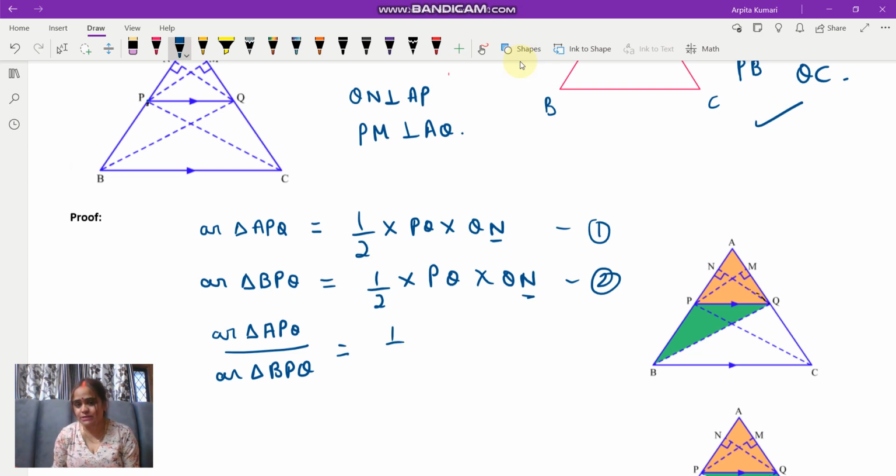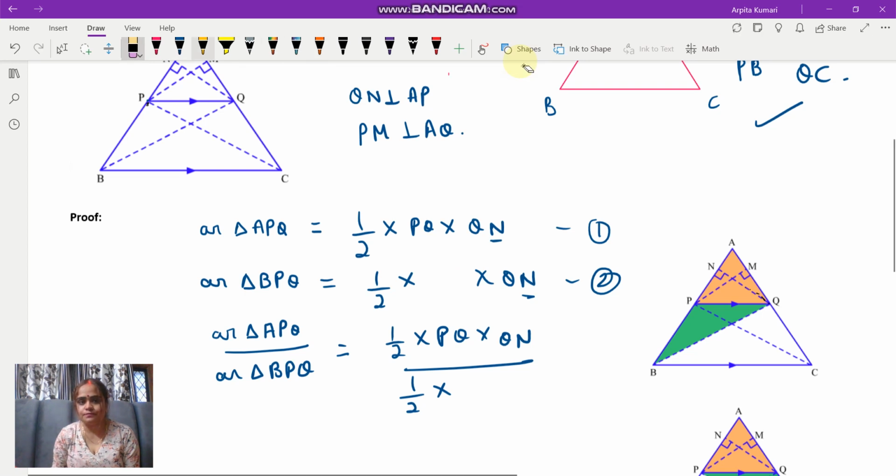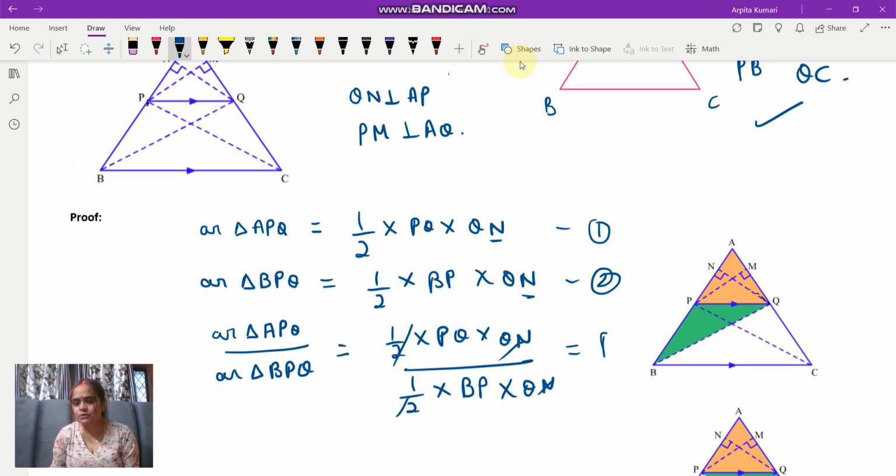When we write it down, this is not PQ, this is BP, and this is QN. So the half and half, and the height would cancel out. So the ratio would be AP and BP.